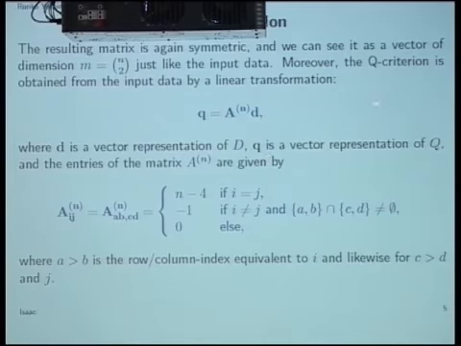Then the Q criterion is actually a linear transformation, q = A_n d, where d is the vector representation of the distance matrix D, and q is the vector representation of Q, and the entry of the matrix A_n is given by this.